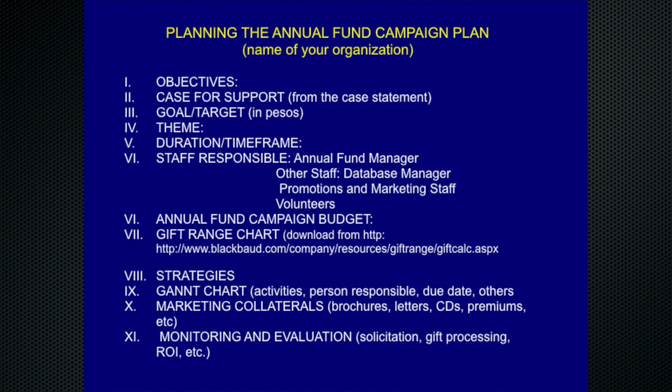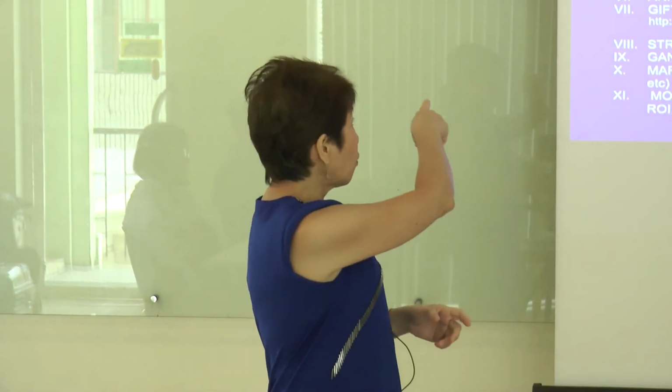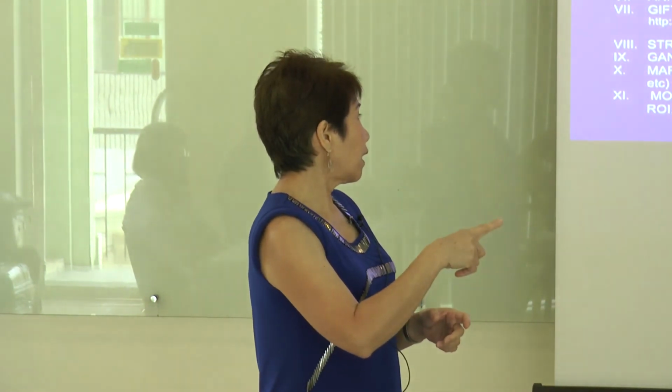Monitoring and evaluation. You need to monitor on a monthly basis, on a quarterly basis, so that you can keep track of the solicitation process. How are you going to go about raising the goal for the year?